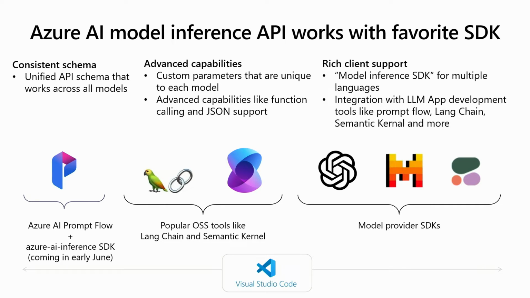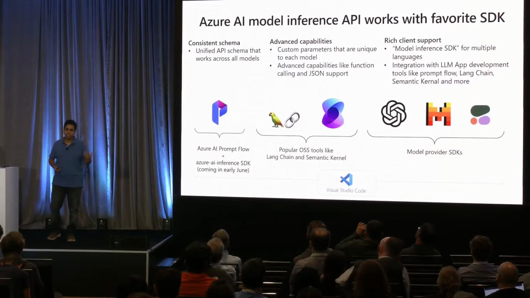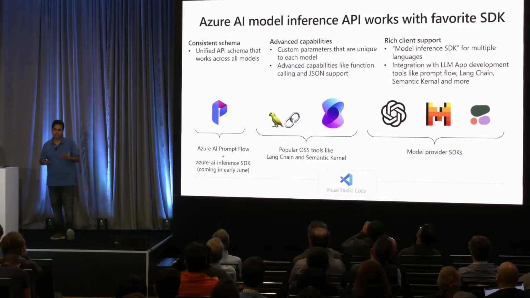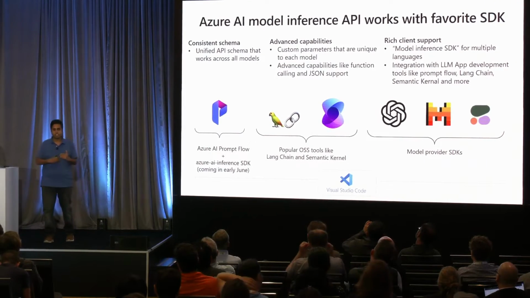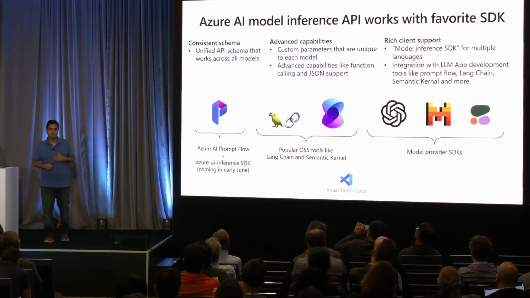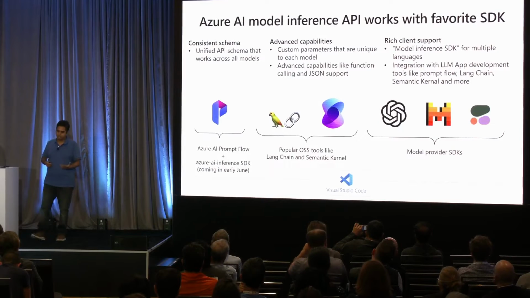And then on top of these APIs, we are building a really rich client ecosystem. We have prompt flow that works with these APIs. We are shipping the Azure AI Inference SDK, a lightweight Python client to get going with these models. But we are also using these APIs to integrate with the popular OSS tooling ecosystem, LangChain, semantic kernel, and all that.